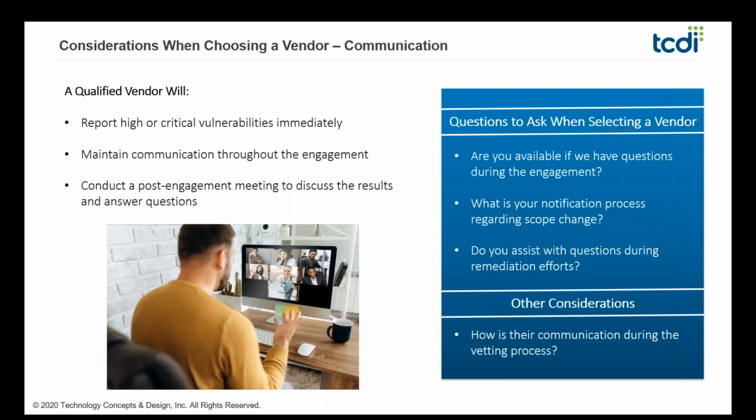And then moving on to the next slide, the next really important topic is communication. Communication is critical.